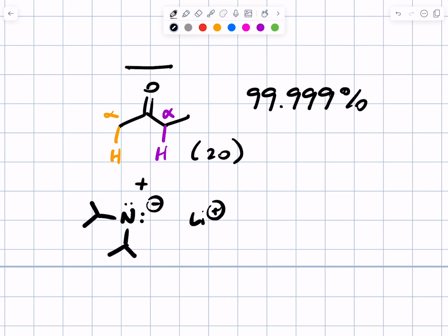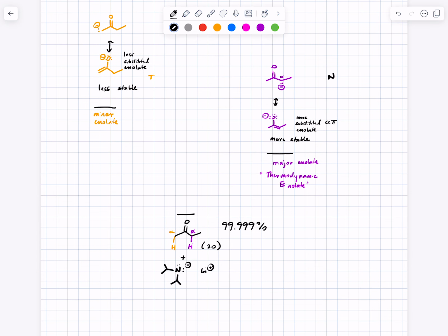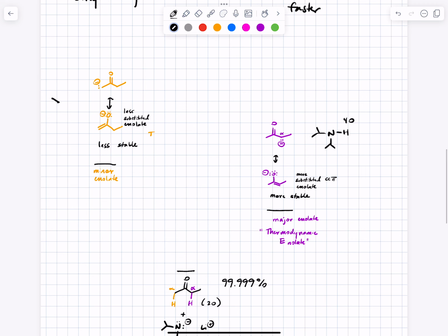And then the conjugate acid, which we're going to draw by the enolate, is just the conjugate acid of LDA, which has a pKa of 40.